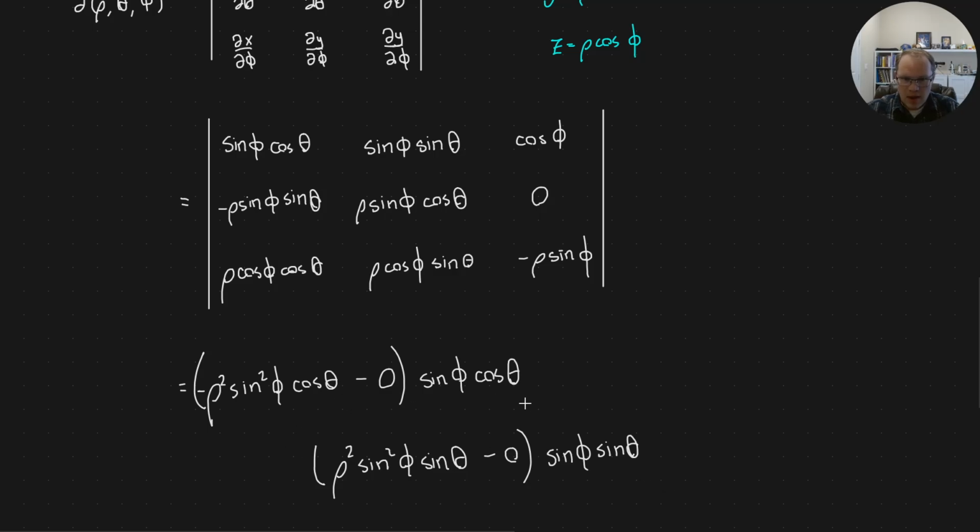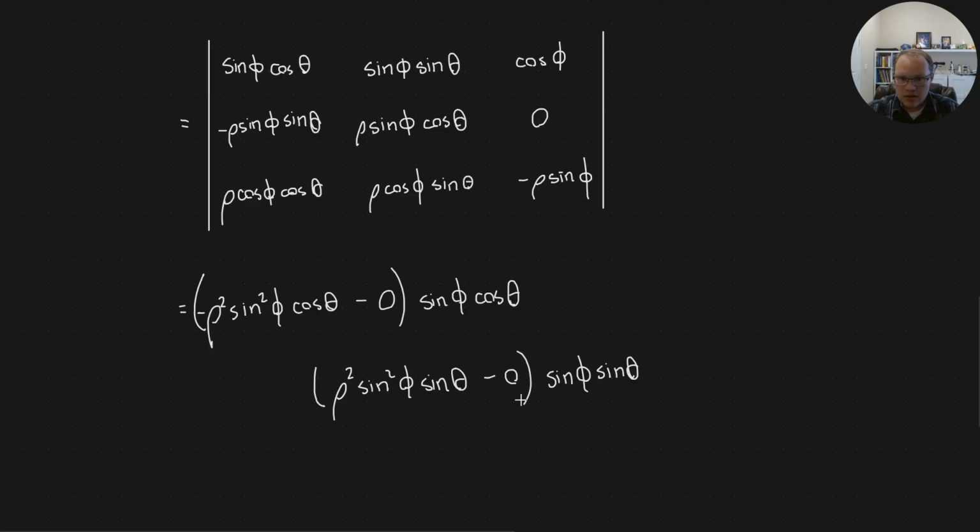And then my final component here, multiply these two, and then subtract what I get when I multiply those two.